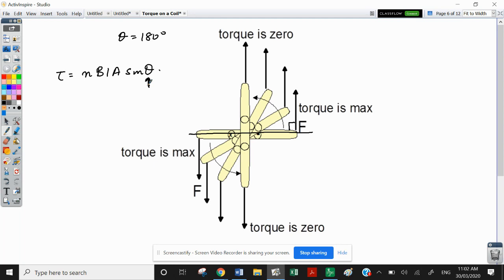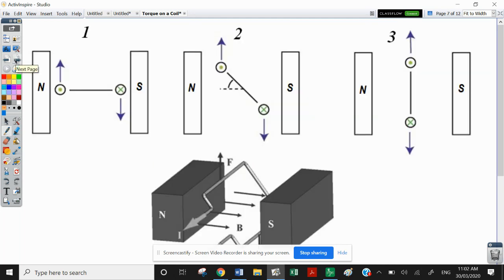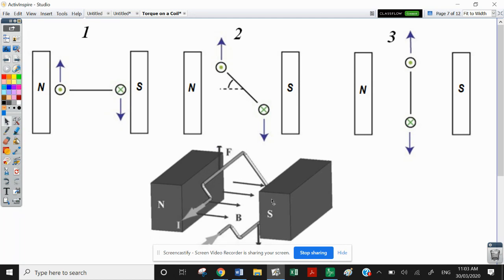So let's just recap. When the coil is vertical, we want to talk of 0, and when it is at right angles to the field, in the horizontal to the field, we want a maximum value. So let's go through and see what we can do to get a formula that works.